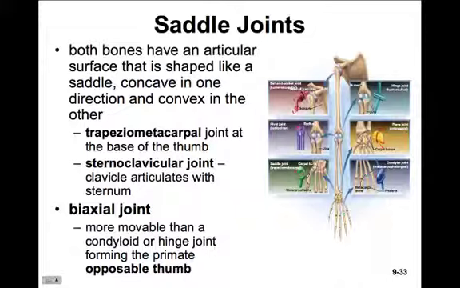The trapeziometacarpal joint at the base of the thumb is a great example. And then also the sternoclavicular joint, where the clavicle articulates with the sternum. These are also biaxial joints. They're a little bit more movable than the condyloid or hinge joint, though. This is the joint that allowed the formation of the opposable thumb that's so characteristic of primates.